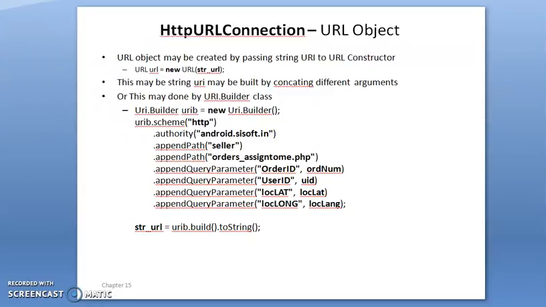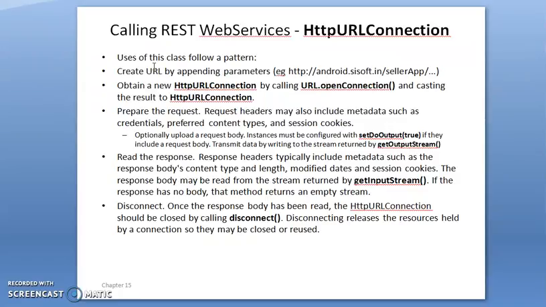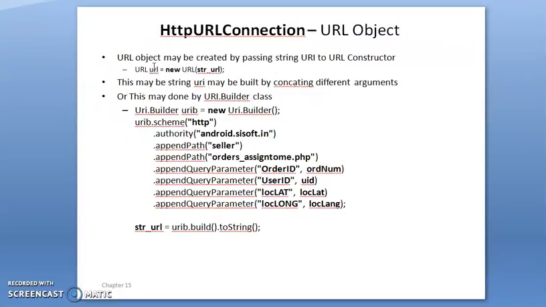Having done that, we can build the Uri using the build method and convert it to a string URL. This string URL may be passed into the URL constructor, and a URL may be built. Having built the URL, now we can get the HttpURLConnection by calling URL.openConnection.